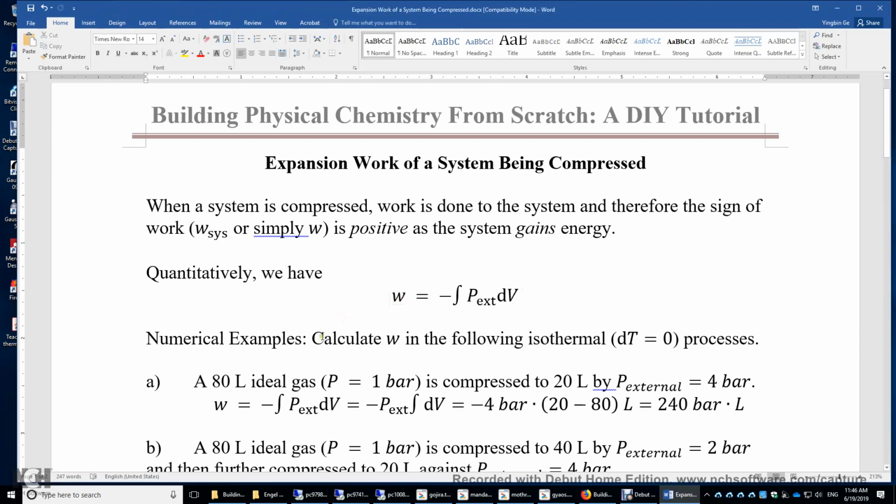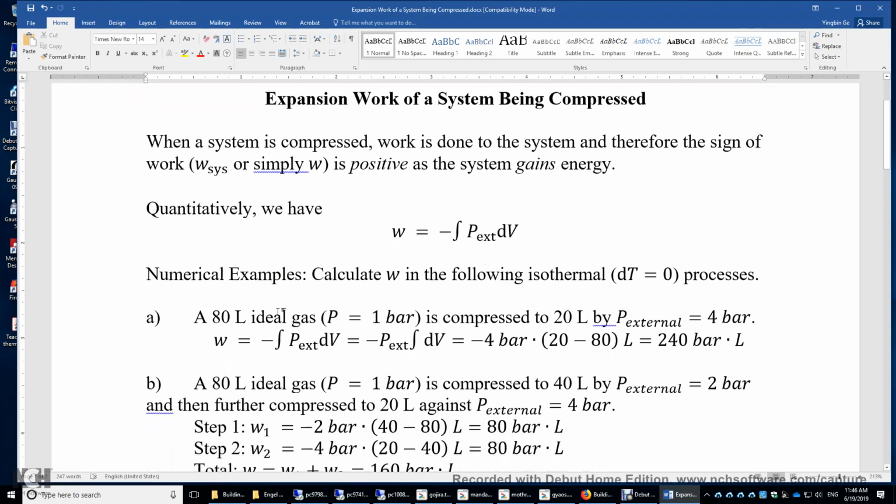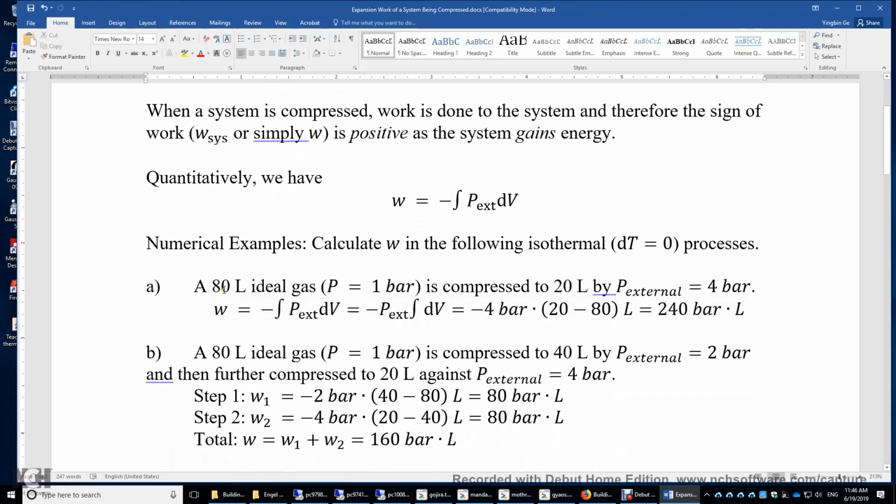Numerical examples here. Let's calculate the system work in the following isothermal processes. Process A. An 80-liter ideal gas with initial pressure of 1 bar is compressed to 20 liters by an external pressure of 4 bars. So how do we compute the system work?